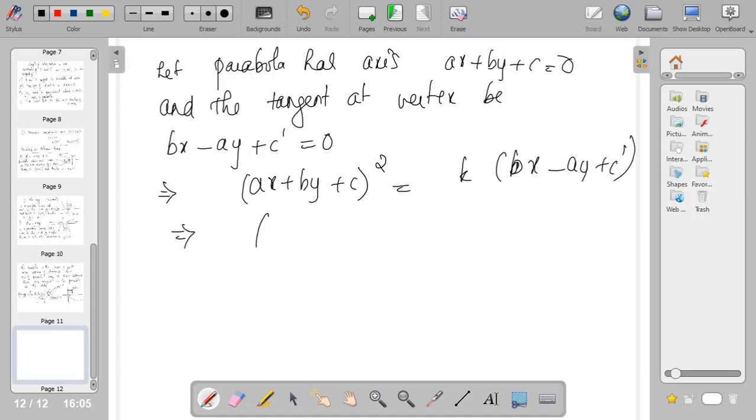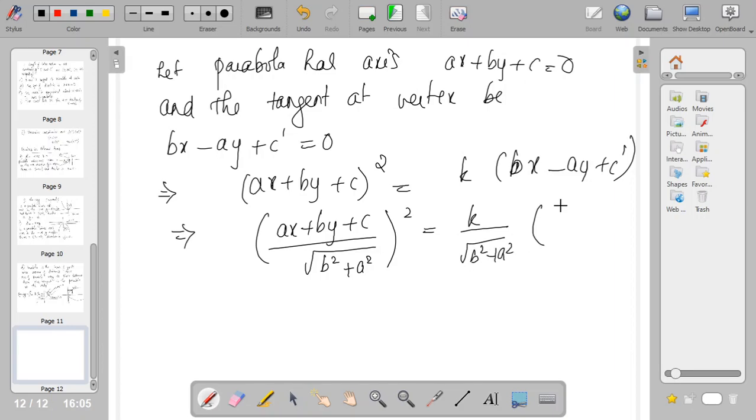If you divide by root of b square plus a square, that will be equal to k by root of b square plus a square into bx minus ay plus c dash by root of b square plus a square. The expression ax plus by plus c by root of b square plus a square is the distance from the line to the point xy.